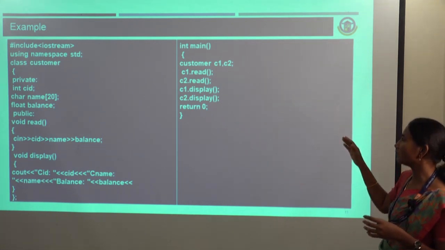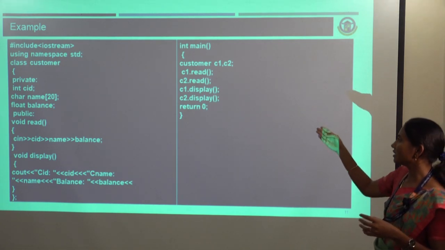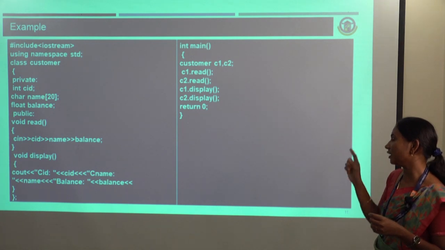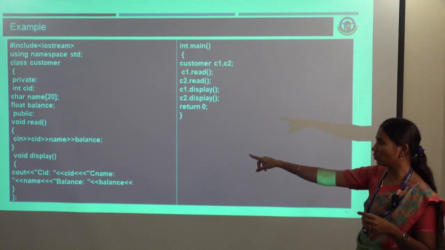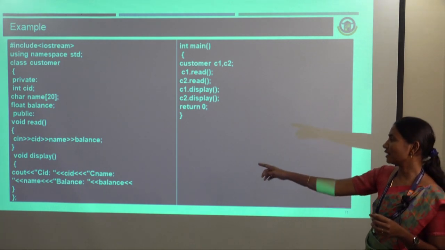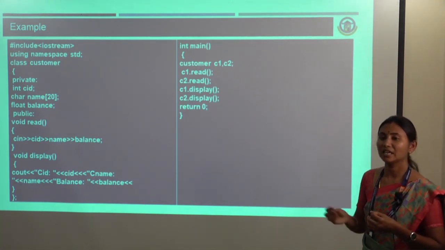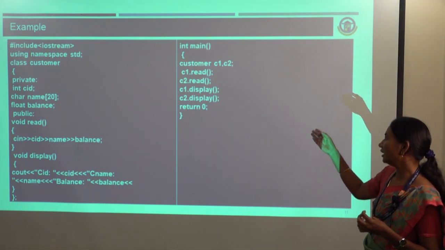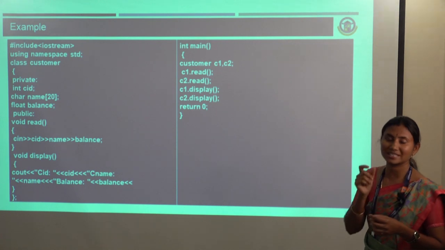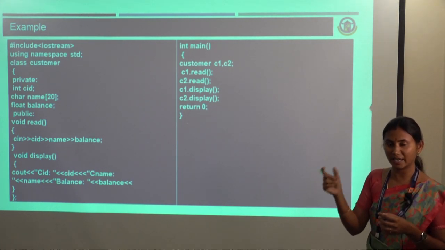So in the main function, the second line is c1.read. When the line reads c1.read, it automatically goes to the customer class and the input is taken there. Then after reading this, it comes to the next line, c2.read. For the second object, we are reading the second input.